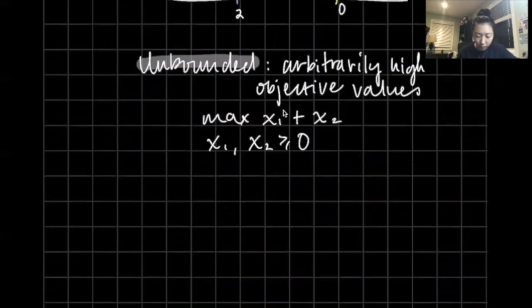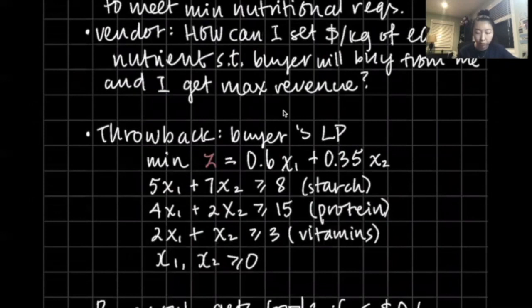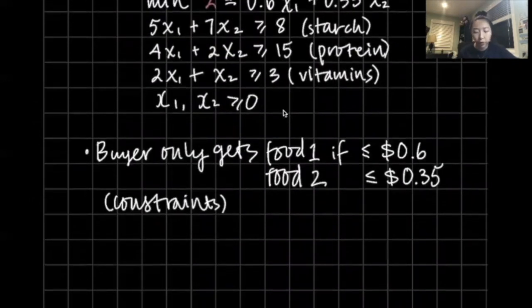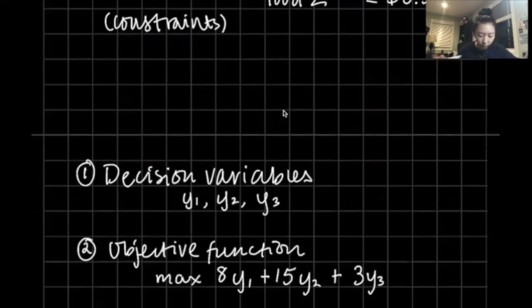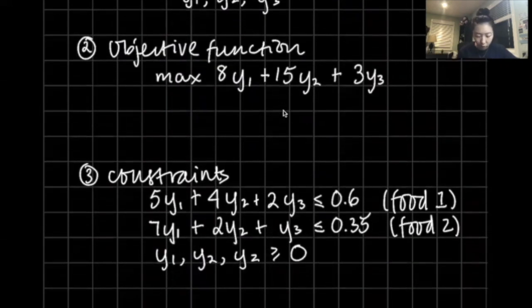Given that I am setting my prices of each of the nutrients at y1, y2, y3, the cost of each food is the summation of the price per kilogram of the nutrient times the amount of the nutrients, and we sum over each of the nutrients for each of the foods. So this is where I arrive at my constraints here.